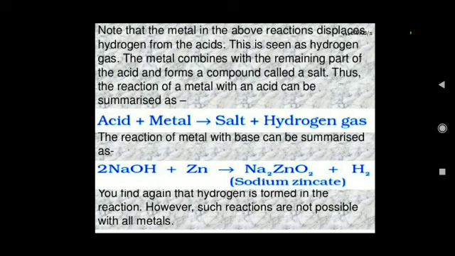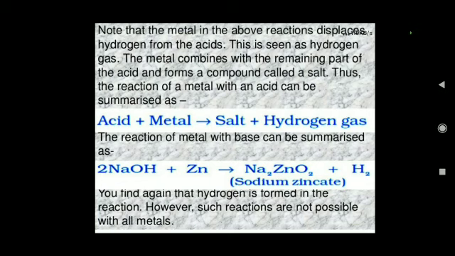In the second reaction, when metal reacts with bases, NaOH sodium hydroxide is a base. So when metal reacts with bases, the same products are formed. Salt and hydrogen gas are evolved.